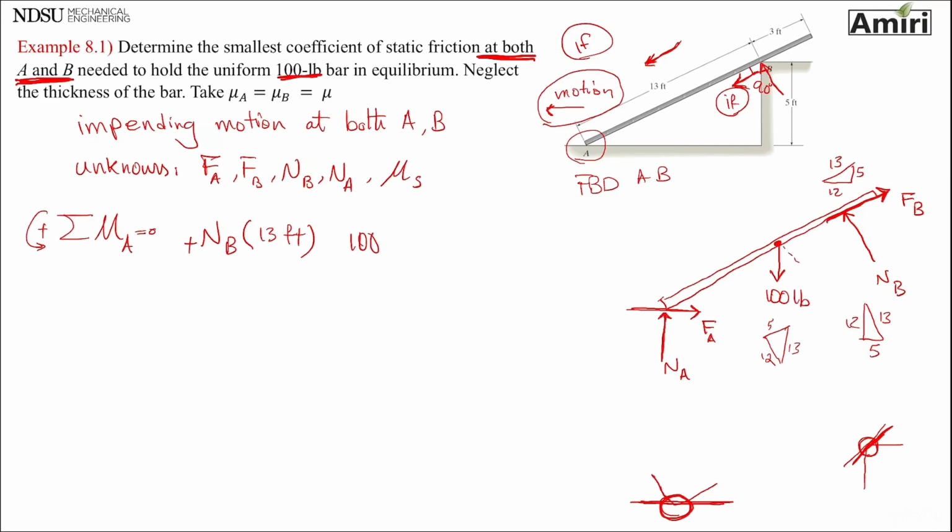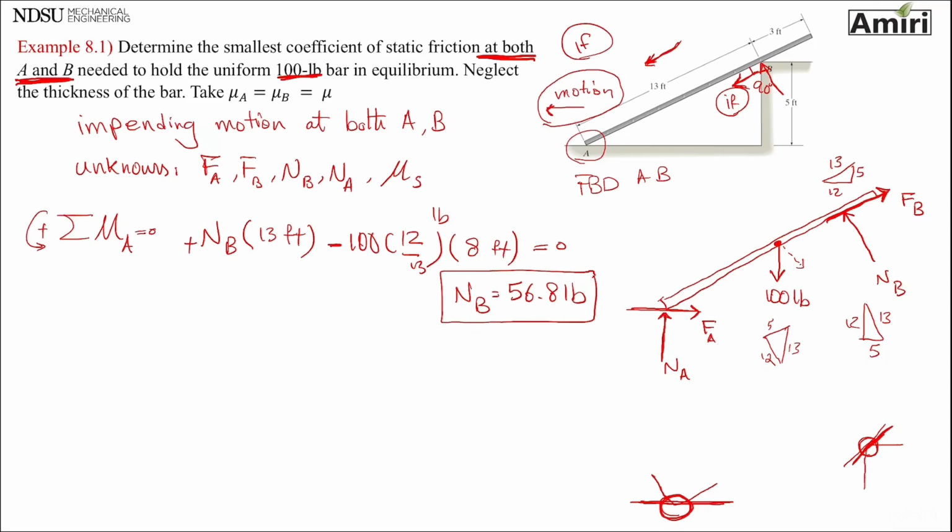The only component is this component, which is going to be 12 over 13 at a distance of half of that distance, half of 16, which is 8 feet, and that one is minus equals 0. So I get NB of 56.8 pounds. Okay.